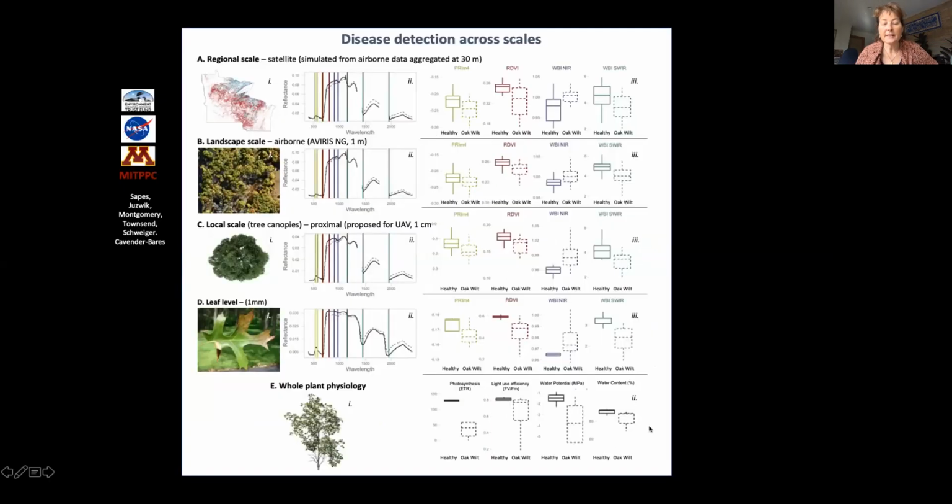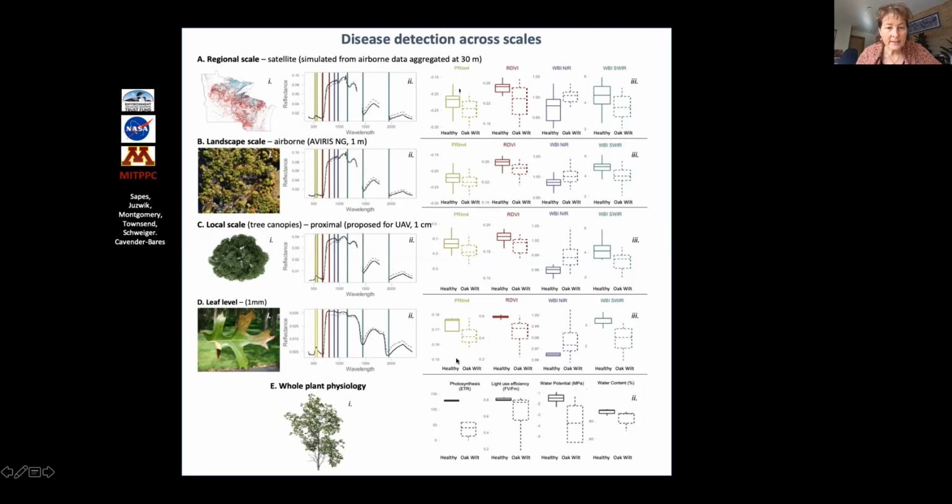And so using indices, which often are just taking into account two or sometimes three wavelengths that are linked to features related to photosynthetic function or water content or concentration of a particular chemical in the leaf, these different indices can differentiate healthy from oak wilted plants.